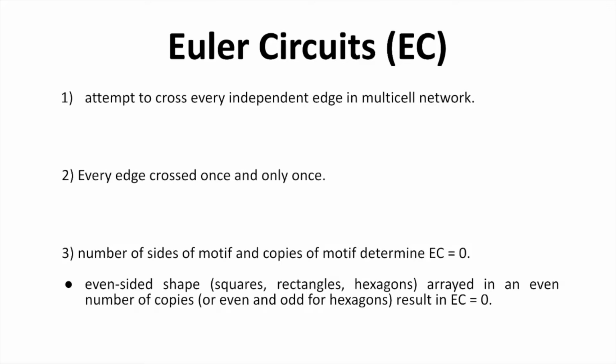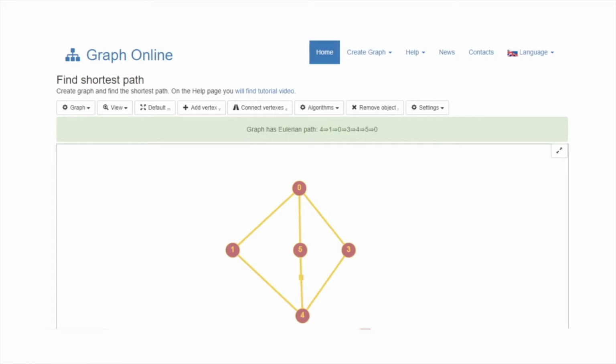Of course, it depends on the biological system, which is why it's not just an exercise in seeing if we can fit the model to the data, but to see what we can do with this technique. Even-sided shapes like squares, rectangles, and hexagons arrayed in an even number of copies usually result in an Euler circuit of 0, or even an odd number of replications for hexagons.